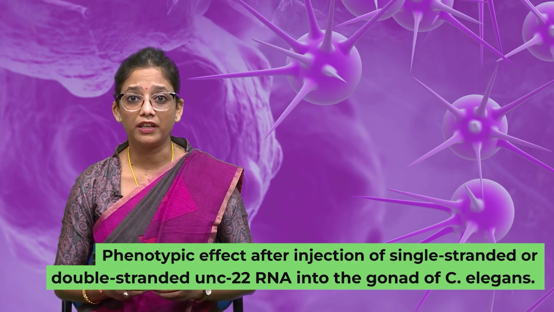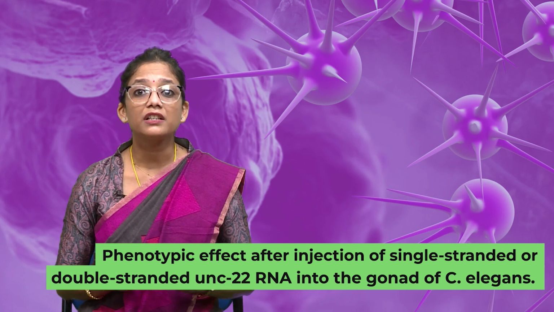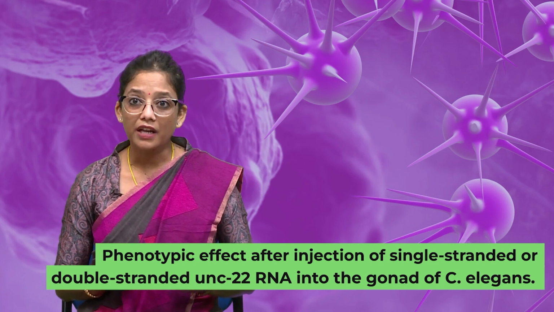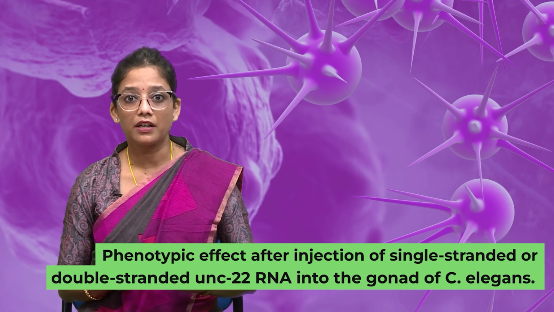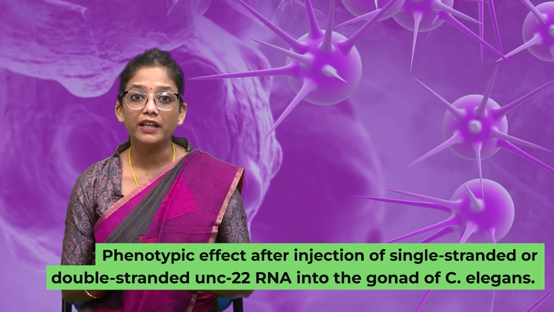Now, let's understand what exactly was the experiment which led to the discovery of RNA interference. They studied the phenotypic effect of the injection of single-stranded and double-stranded RNA molecules targeting the UNC22 gene. That means they were targeting the specific mRNA for UNC22.